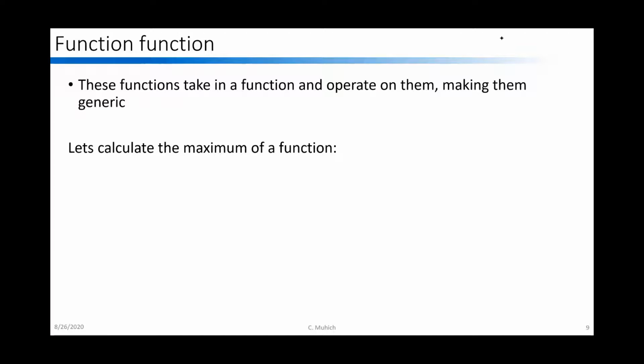So let's say we want to calculate the maximum value of a function, say the water gas shift function. We could then write a function that will return, say, x, which is the maximum, equals to, maybe we'll call this find max.